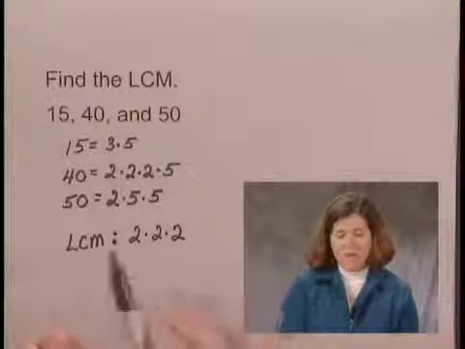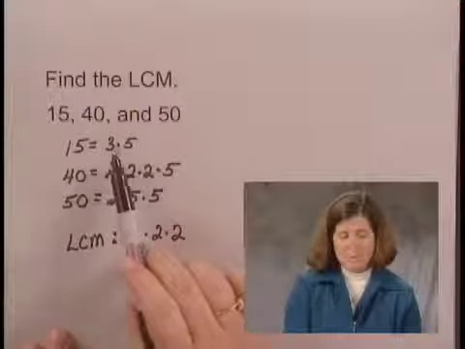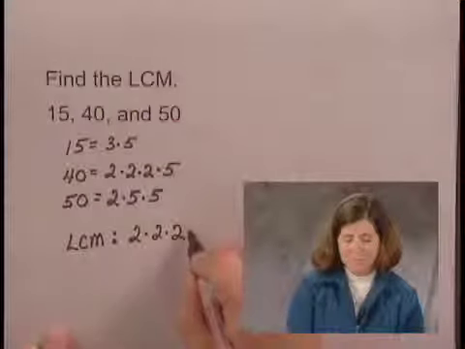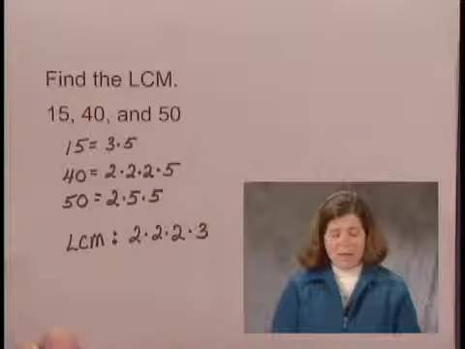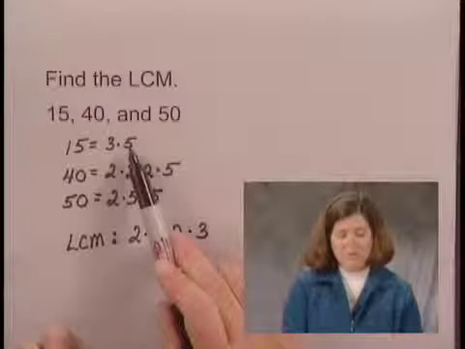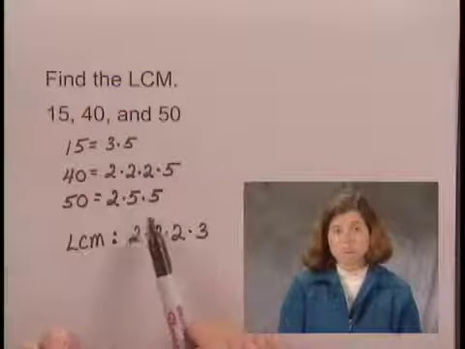Looking at the other primes that are in the list, there's a 3, and the most times that it occurs in any factorization is 1 time, so we write a factor of 3. And then there is another prime factor that appears, and that's 5. There's 1 factor of 5 in 15, 1 factor of 5 in 40, and 2 factors of 5 in 50.